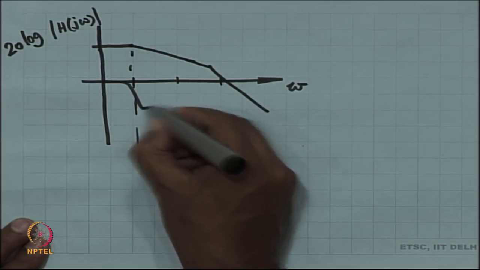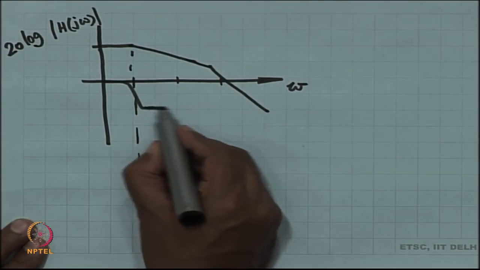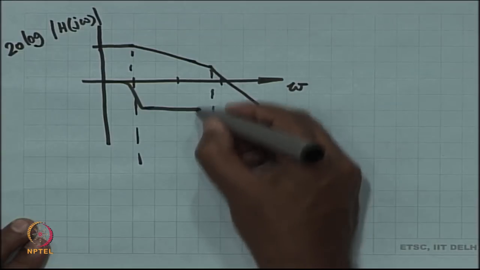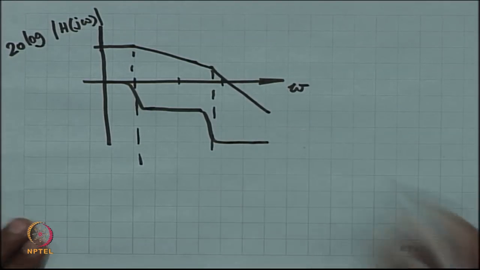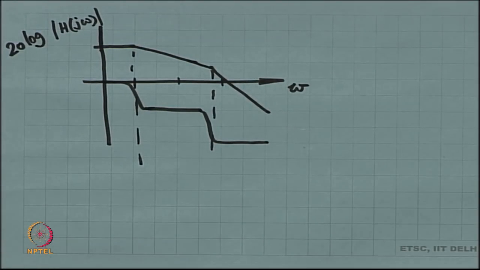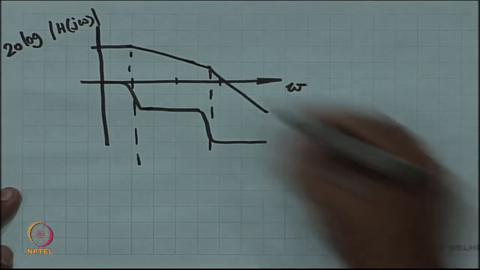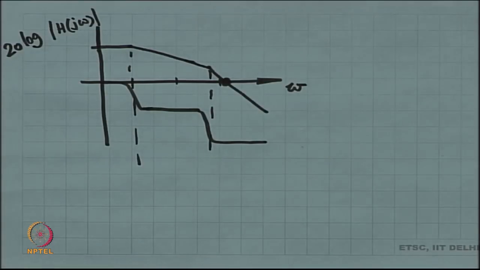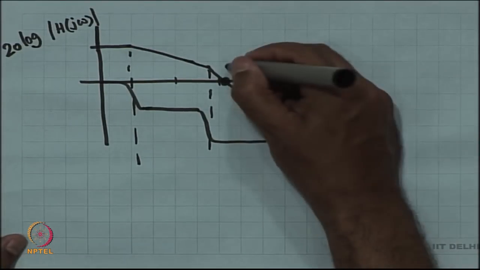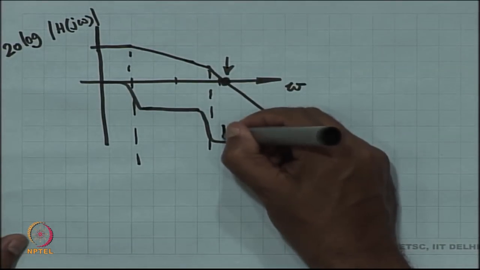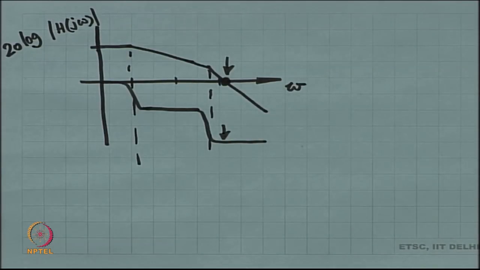Similarly, at pole 1 I get minus 90 degrees, and at pole 2 I get another minus 90 degrees. And then came the definition of phase margin. The definition of phase margin was that at the unity gain frequency, at this point, how much is this phase above minus 180 degrees.